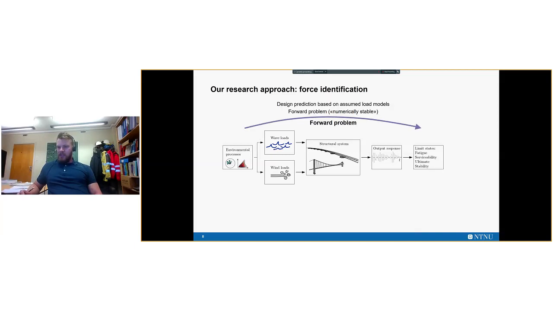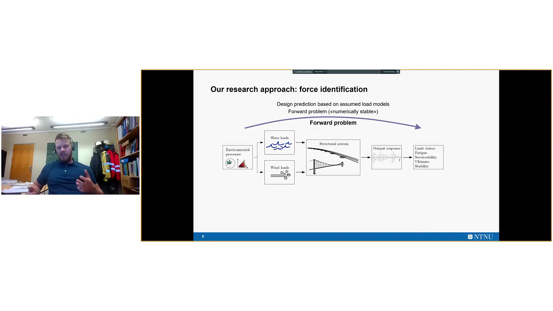So analyzing this problem from the loads to the response is what we call a forward problem. And this is what every design engineer does. He starts with an assumed load model, and then he creates a model of the structure, and then he obtains the output response, so either the static or the dynamic response of the structure.